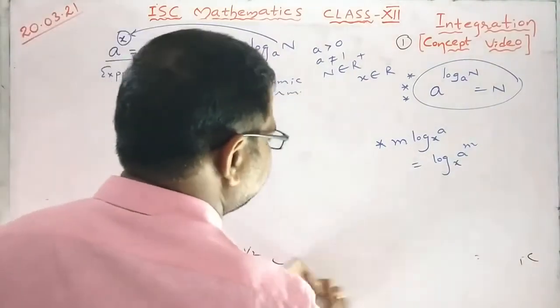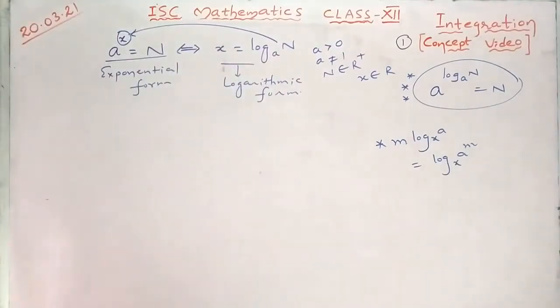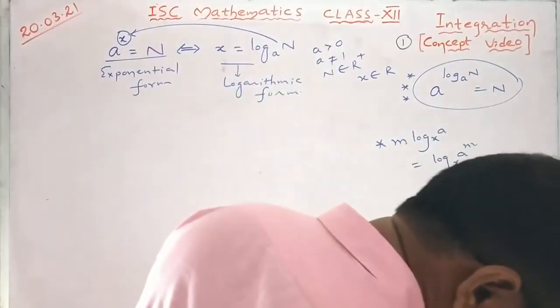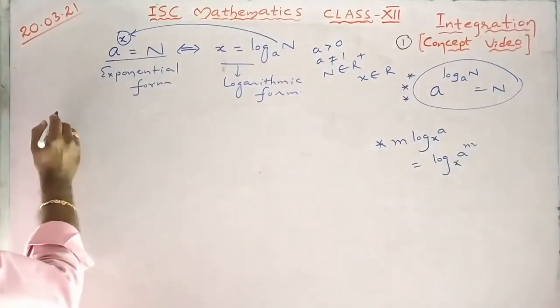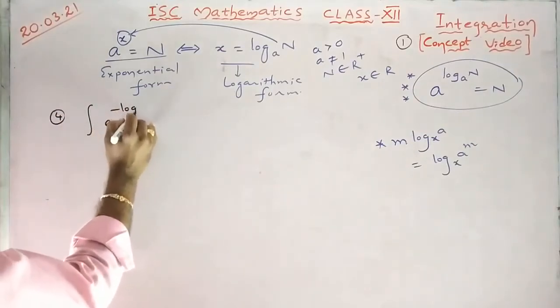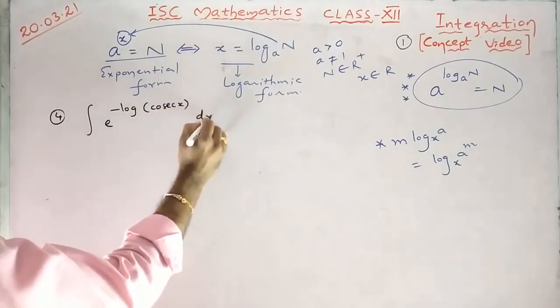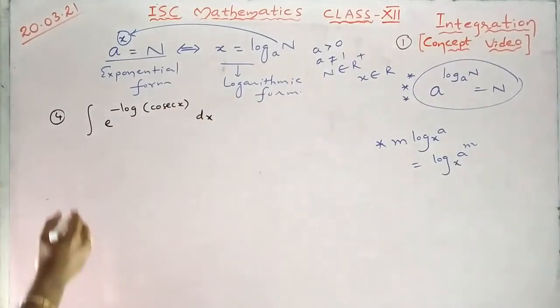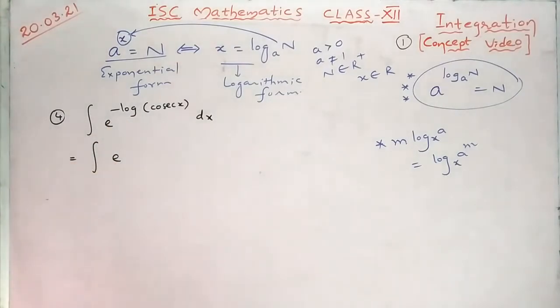Look here. Integral e power minus log cosec x dx. See this problem? If there is no base, I told you that should be taken as e.